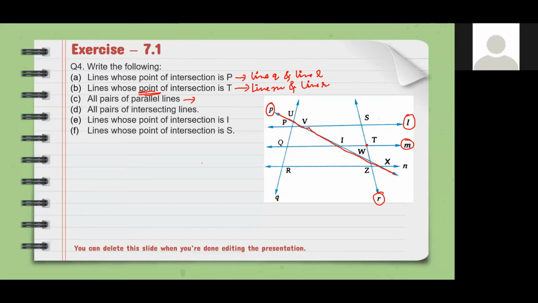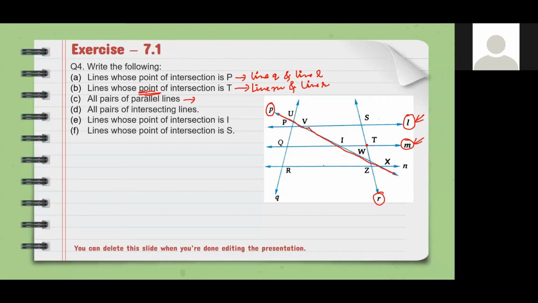Yes, sir. Which are parallel lines? First parallel lines are L, M. See, for that the name is given in short form only. Line L, line M. We can say line L, line M. Yes. Line L is parallel to line M.